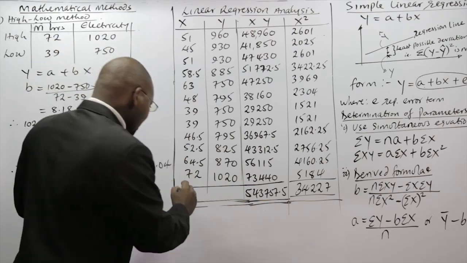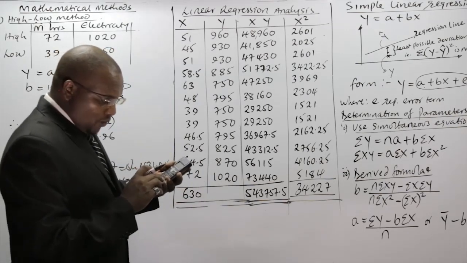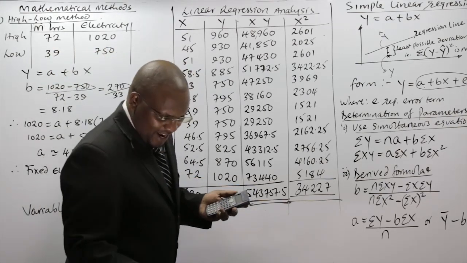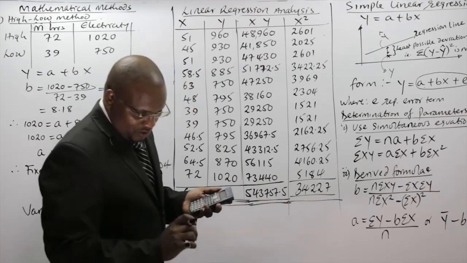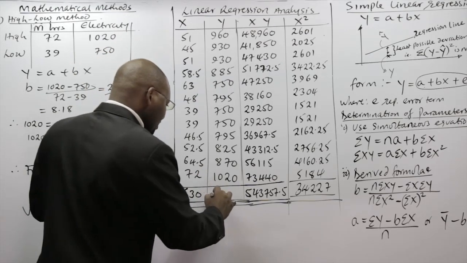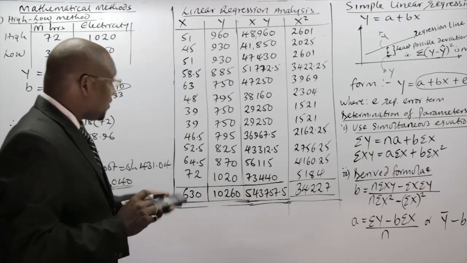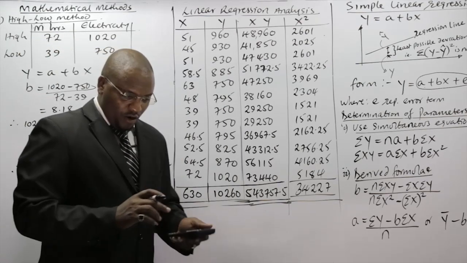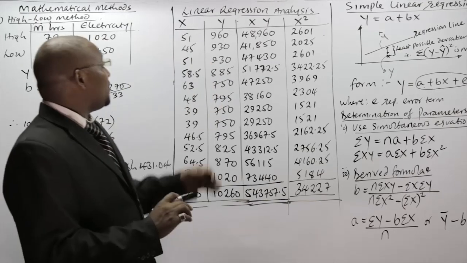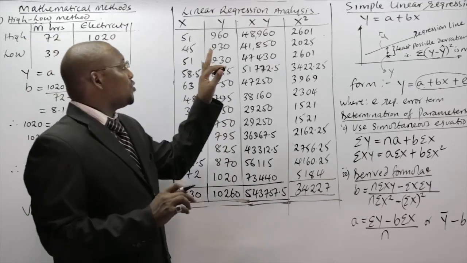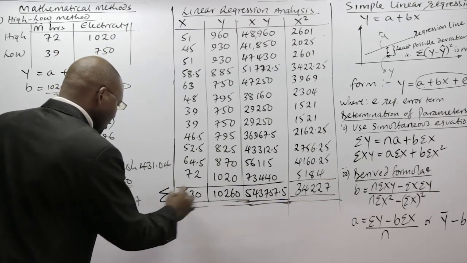That would give 630, which was even provided in the question. In the question, you were given the totals, so 630, while this one would give us 10,260. As per the question, you were given those values in thousands. Those are the values we want in our formulas: summation x, summation y, summation xy, summation x squared. So these are now our summations.